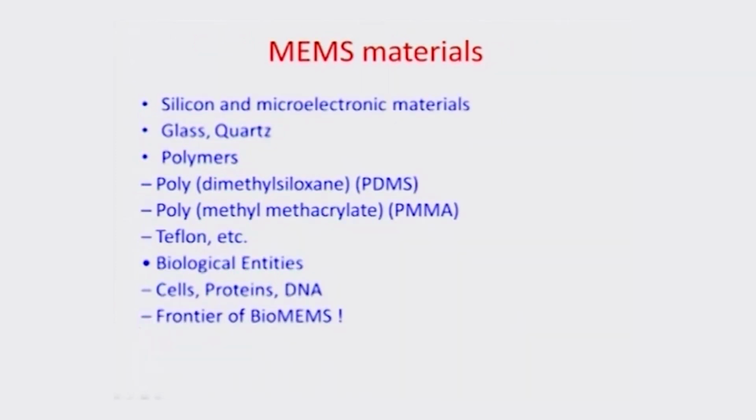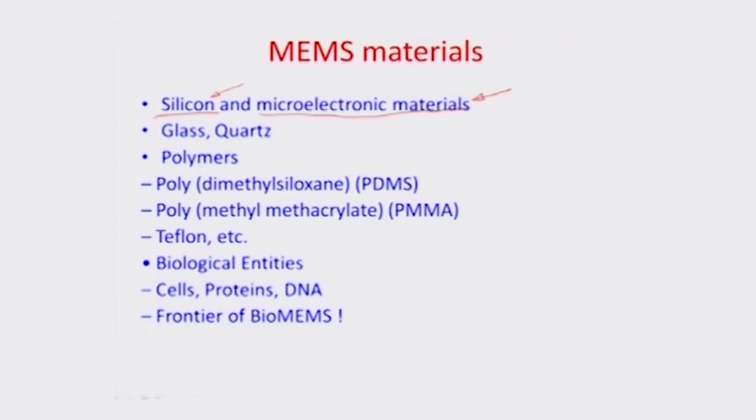So silicon, of course, is one of the principal materials used for microsystem fabrication, because, as I mentioned earlier, the non-traditional processes on silicon are nothing but borrowed from the microelectronic industry, and therefore, being a microelectronic material, the fallout processes which comprise MEMS processes are amenable to fabrication of silicon.